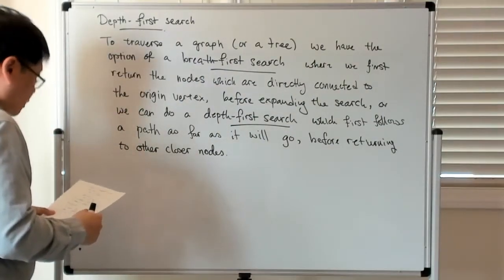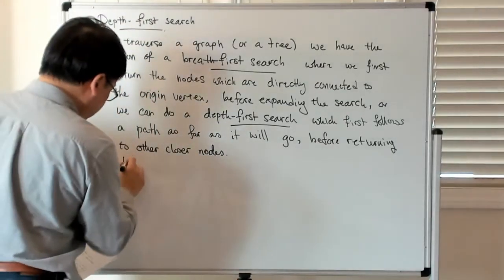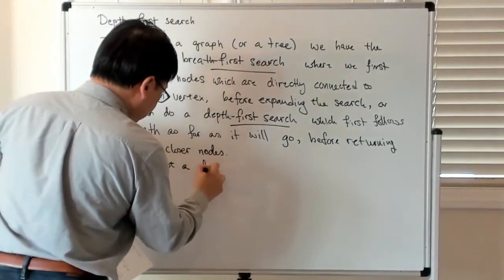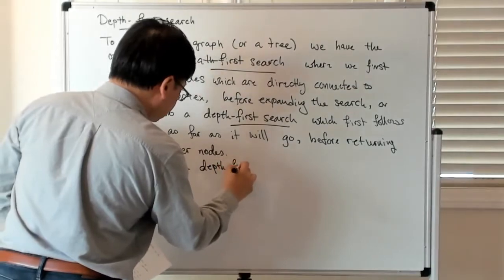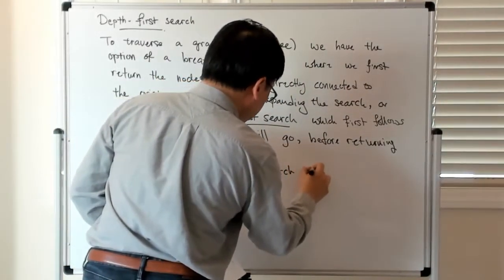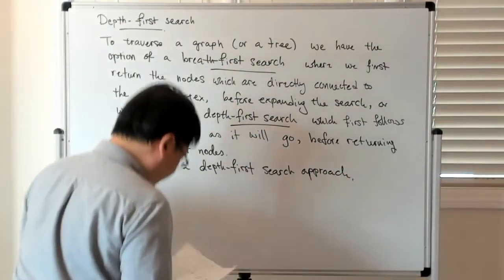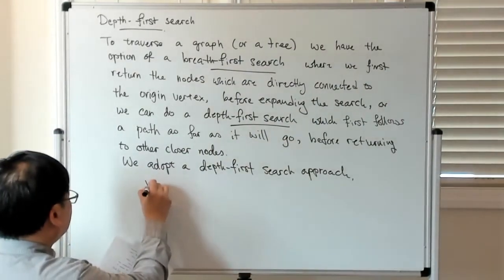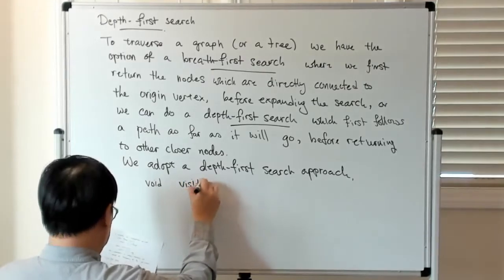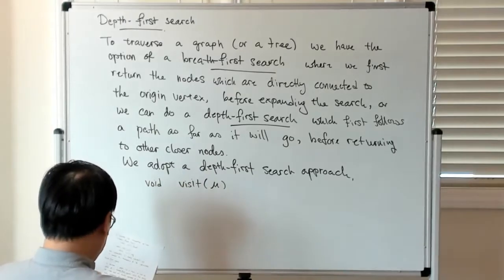All right, so we're going to adopt a depth-first search approach. The algorithm looks like the following. It doesn't return anything, it's just a void, and it's a visit to a particular triangle in the triangulation.